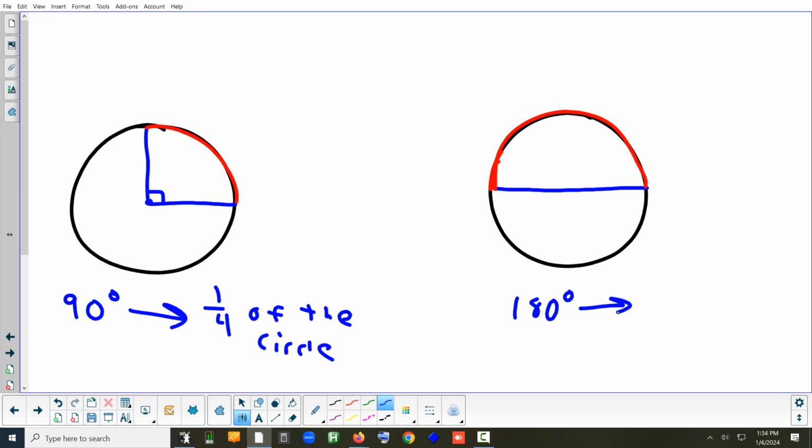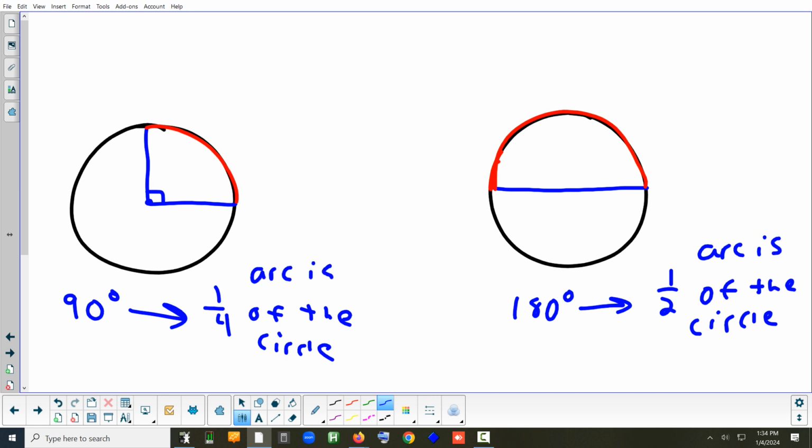And how much of the circle does the arc take up now? Half. So a 180-degree angle will create an arc that takes up half the circle. I guess I could add up in here. Arc is half of the circle. The arc is 1/4 of the circle.